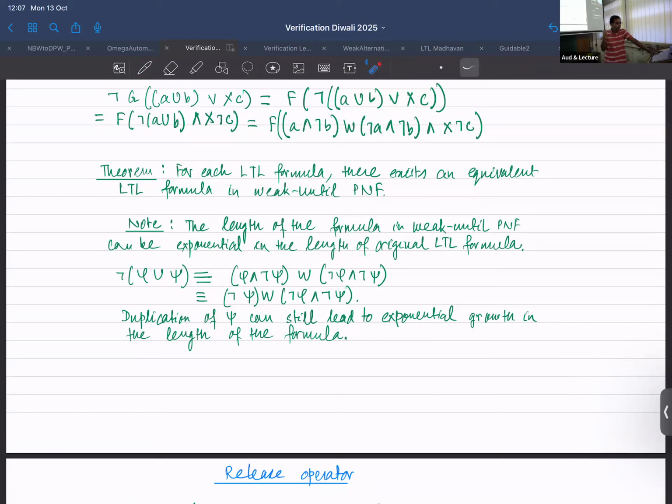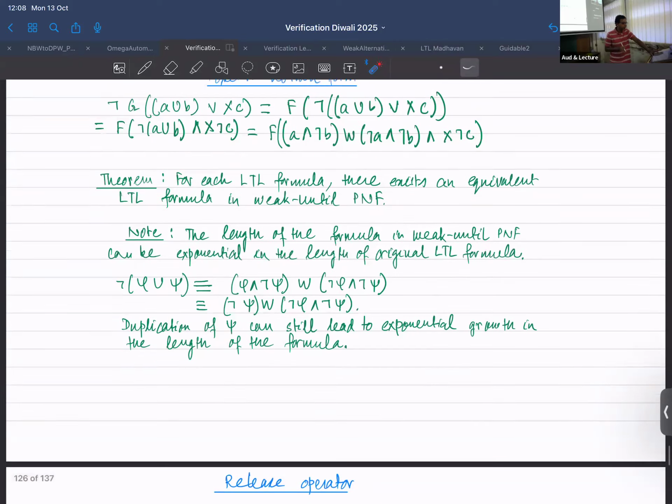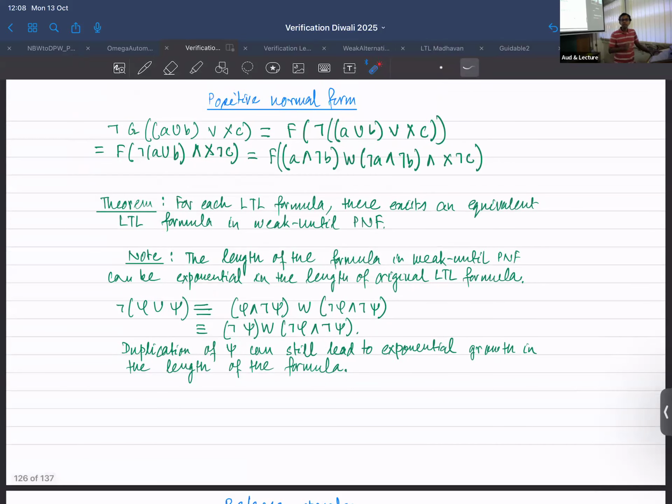We had until, we had the conjunction. We did not talk about the disjunction because you can put a negation in the conjunction directly. There exists an equivalent LTL formula in weak until positive normal form, right? So I think we are convinced enough. We can always push the negation inside, use the until to a weak until whenever there is a negation and vice versa.